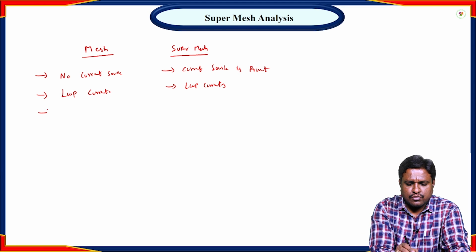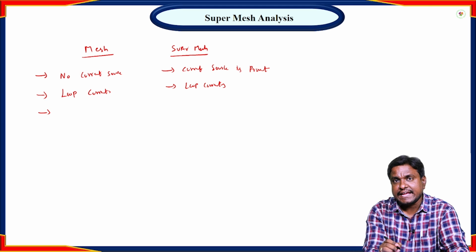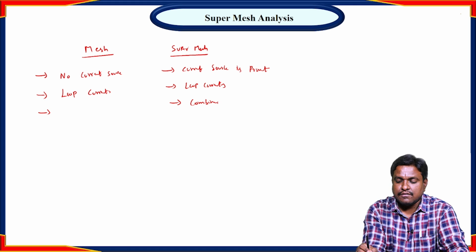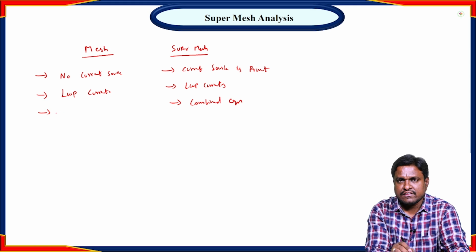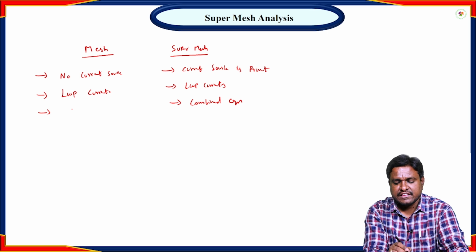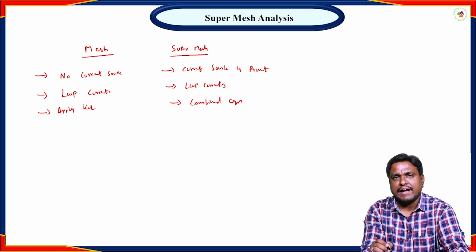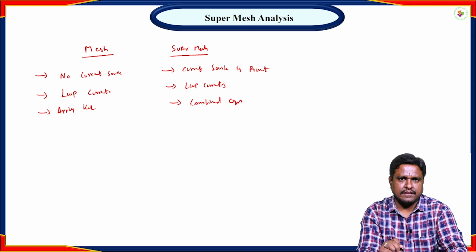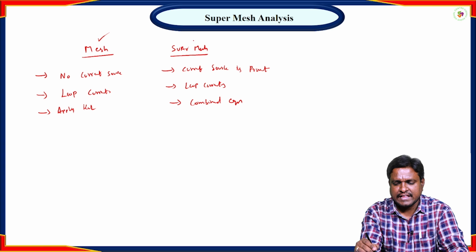One more difference is that we get a combined equation in a super mesh analysis for the loops which are under the super mesh. Here there is no need to get any combined equation; we just apply Kirchhoff voltage law, find the loop equations, and finally find the loop currents. So this is a brief comparison between the mesh analysis and the super mesh analysis.